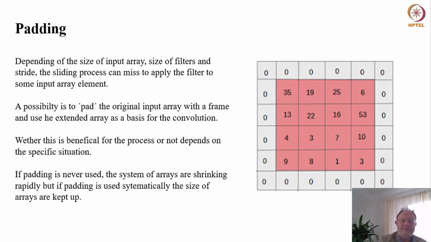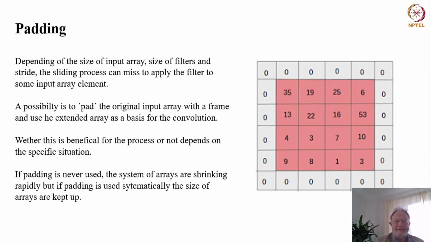So you have an image input array, and depending on how you choose your filter size and the stride length, it can be that you have difficulties covering all aspects by the sliding, because you may not be able to make such slides that every element is taken into account.